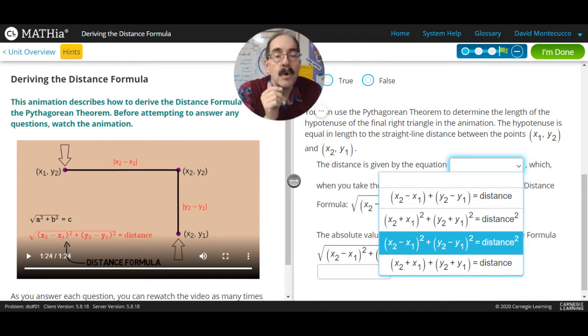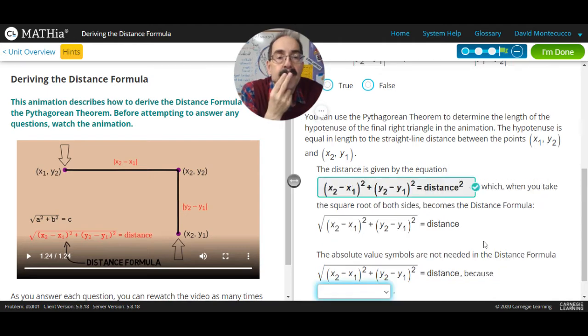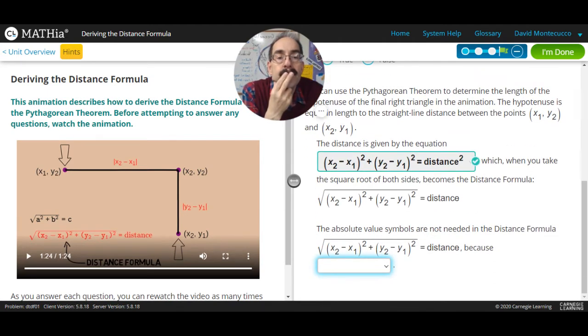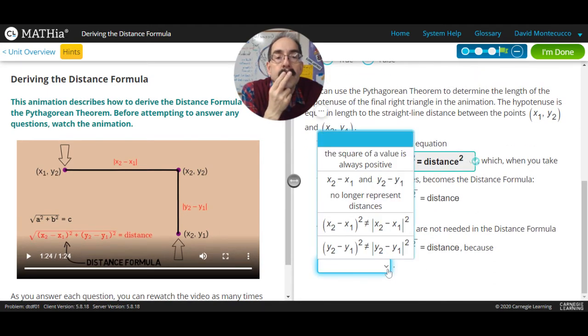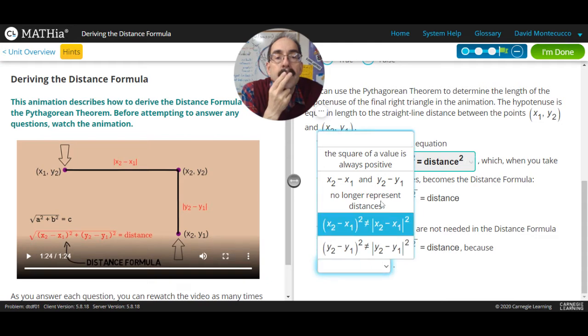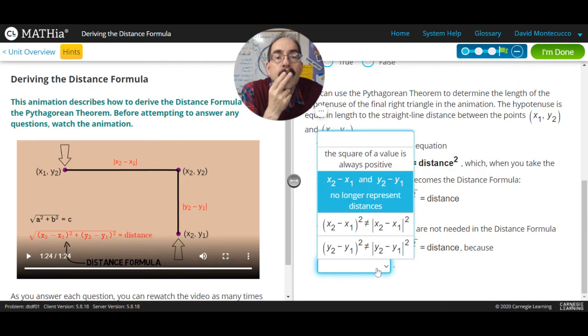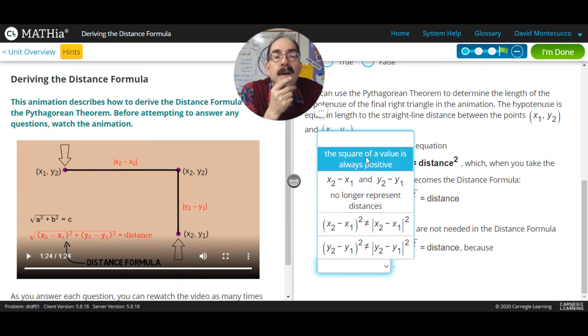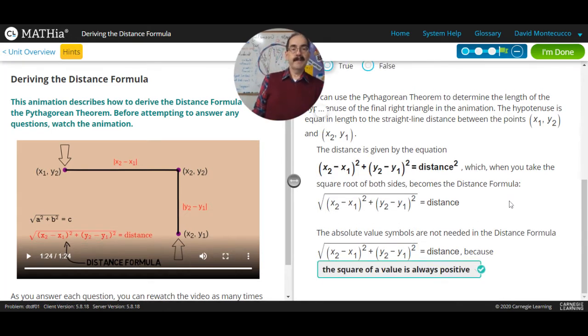So x minus x squared plus y minus y squared gives us the distance, the rise over the run. The square of a value is always positive. That's the beauty. All right, so hopefully that was helpful.